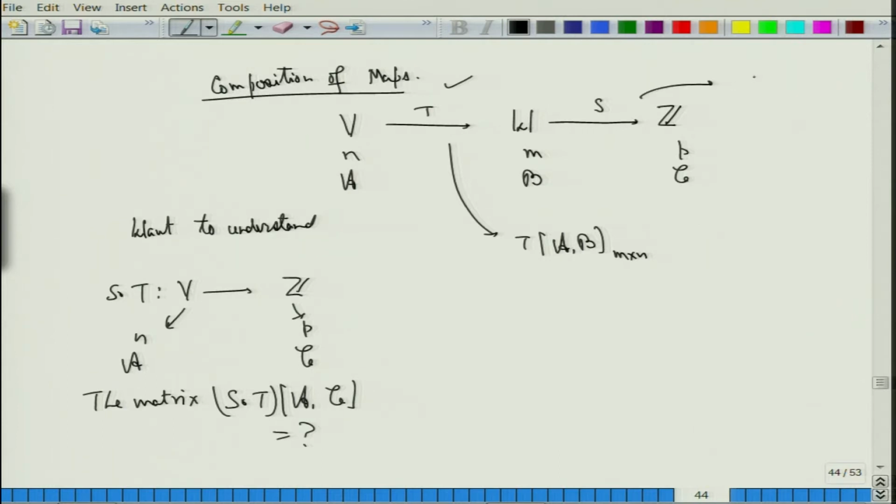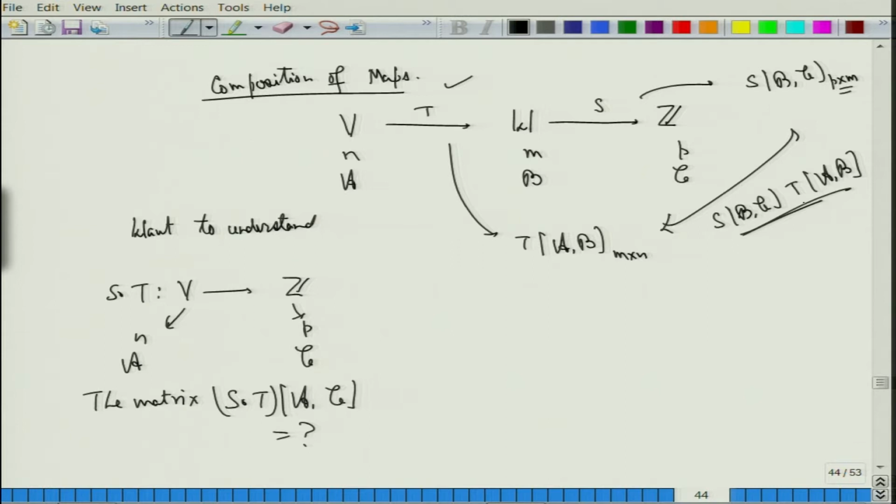Here it is going to be S from B to C, so it will be a P cross M matrix, fine. Is that okay? So you can see that if I want to talk of matrix multiplication here, I need to do P cross M, M cross N, M has to cancel, so it has to be S of BC times T of AB.